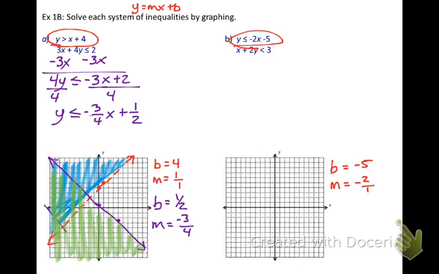I've already put it in its fraction form, so -5, 1, 2, 3, 4, 5, goes down to 1, 2/1. And it has an equal sign underneath the inequality, so it's going to have a solid line.